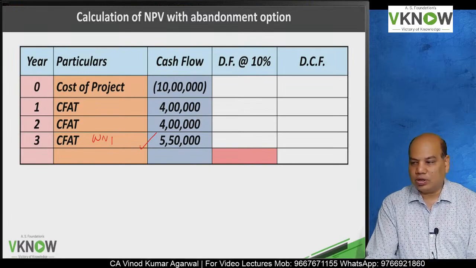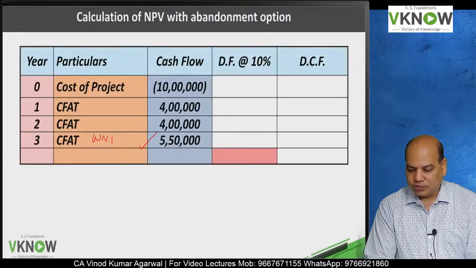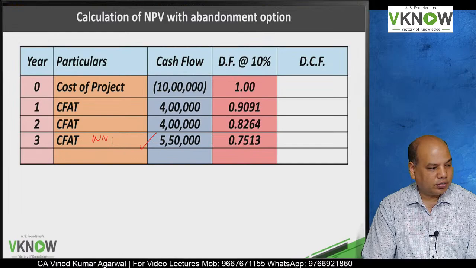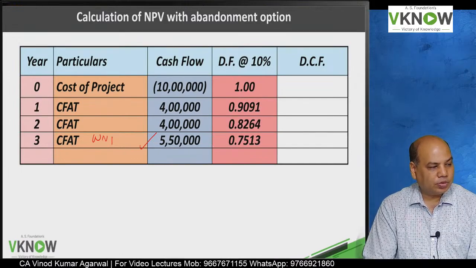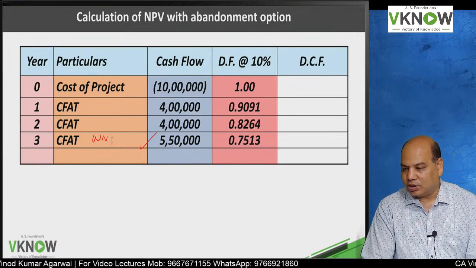Now you can compute the NPV. Write down the factors. Very good. Multiply cash flow with discounting factor and tell me the total.